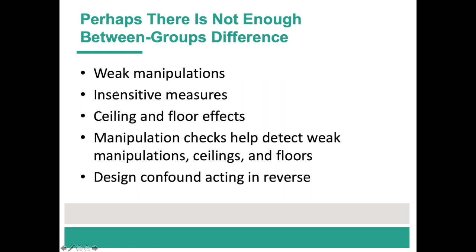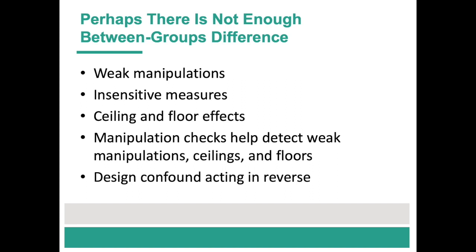Maybe your measures aren't sensitive enough, so maybe your measure of charitable giving isn't very good. There can also be ceiling and floor effects. We're going to talk about that in the next slide a little bit. Overall, what we can do is we can have manipulation checks to help us know if there's a weak manipulation or if there's ceilings and floors.